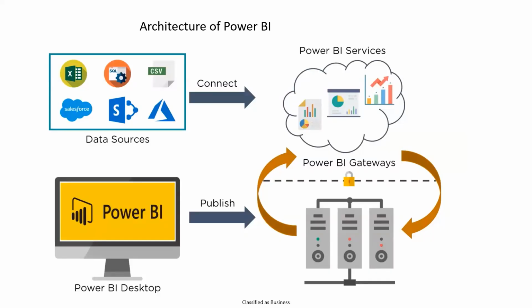So what is this Power BI gateway? For automating the data source system, we are going to utilize one more tool. That one we call gateway connections. Two types of gateways are there, standard and personal gateways. We will discuss it later.